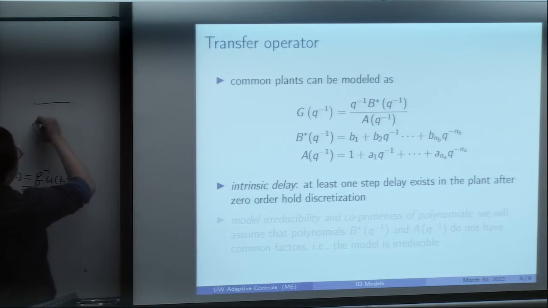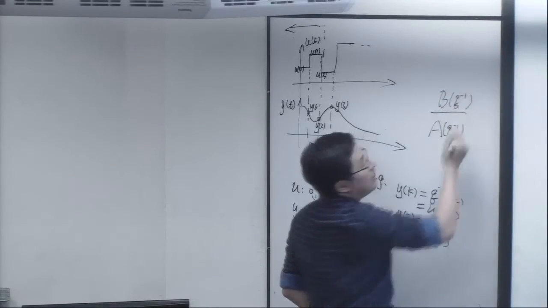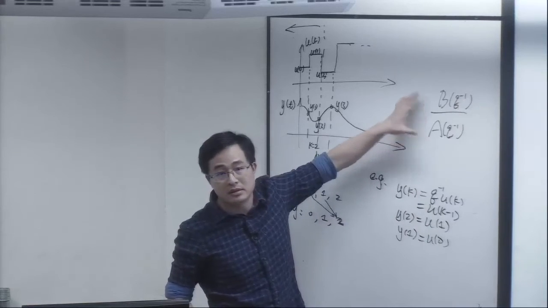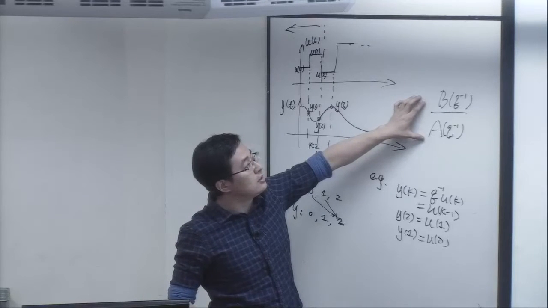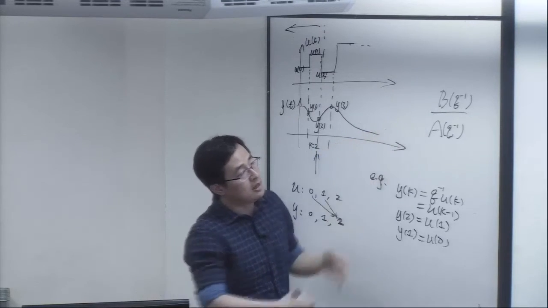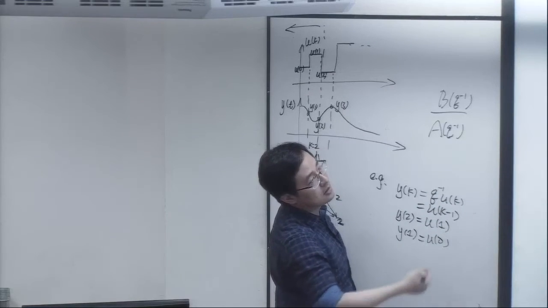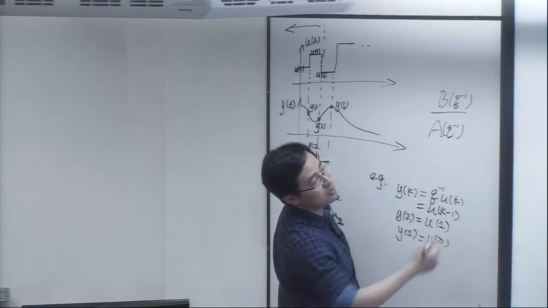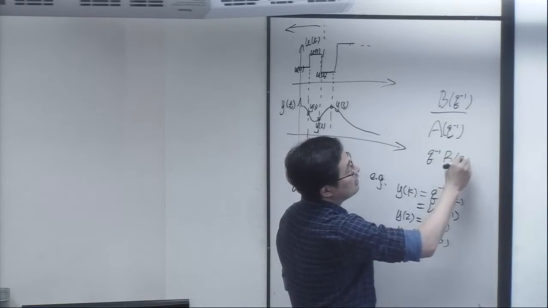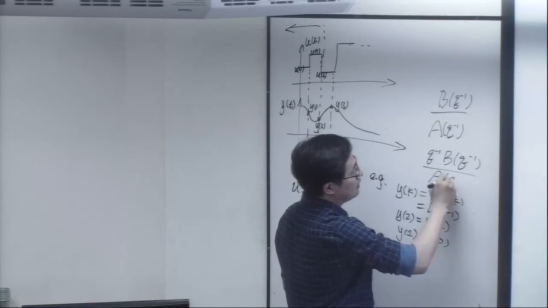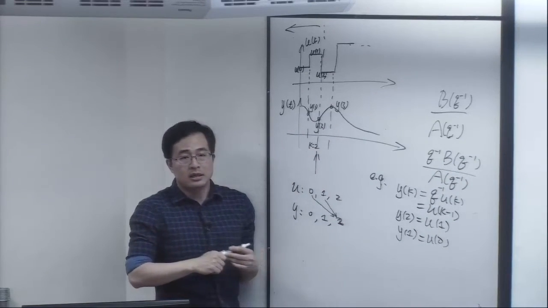We may sometimes use this to write a system model. This is the most general possible transfer operator that we can use. But when we know we are controlling a digital plant using digital controls, sometimes we just begin by assuming the model of the plant will look like this.